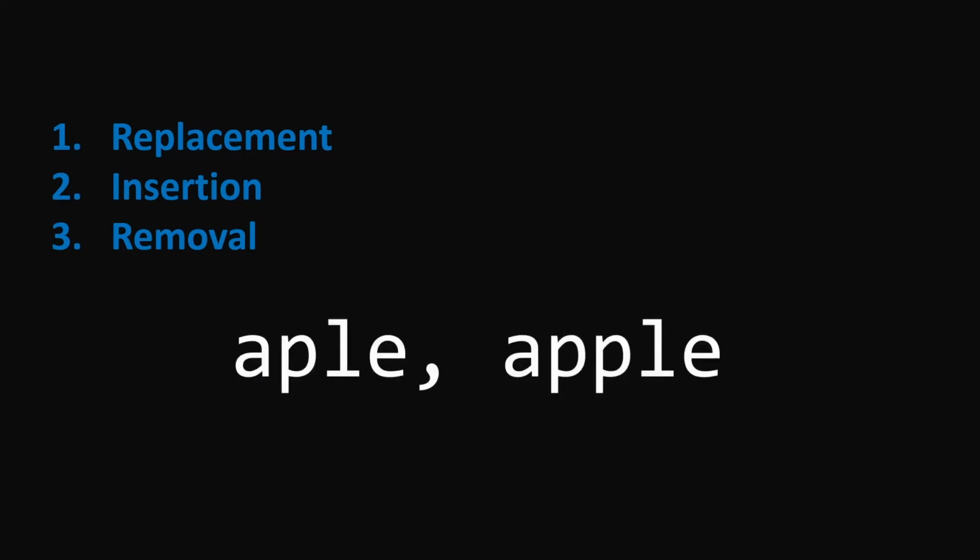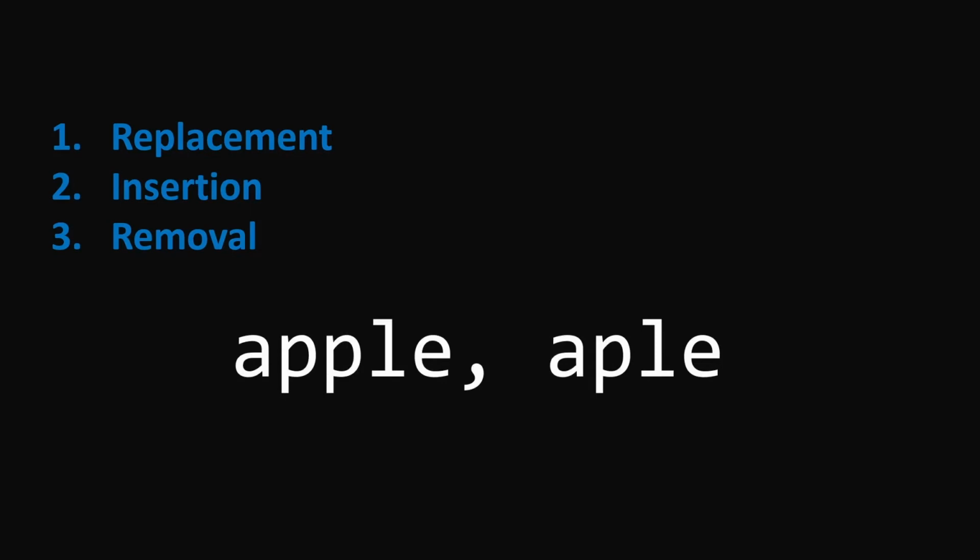Well, for insertion, because we have apple and aple, the first one is missing one of the p's. Well, we know we'd have to insert a p here for them to be equal to each other. So we just have to insert a letter into the first word, and that's how it equals the second one. And that's exactly how we know it's one insertion away. They're the same except for one letter.